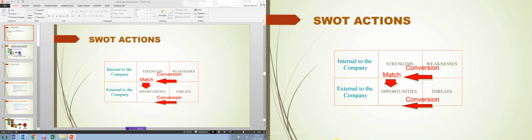So we looked at that as well, and the main objective of any considerations of SWOT would be to convert your weaknesses to strengths and your threats to opportunities. And you need to match your strengths with your opportunities in order to be most successful.